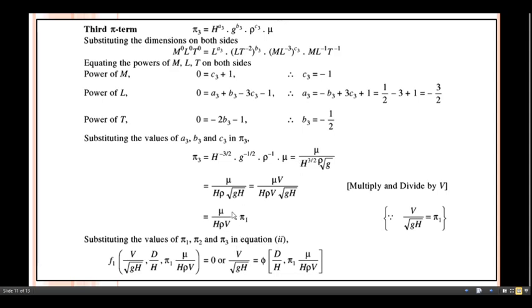We get it in terms of pi1 in this way. Now substitute the values of pi1, pi2, pi3 in equation number 2. So simply you can get a function of v divided by the square root of g h, then d by h, and next mu divided by h rho v, and equate it with 0. Or one can write this term on one side and take all the other terms to the other side.